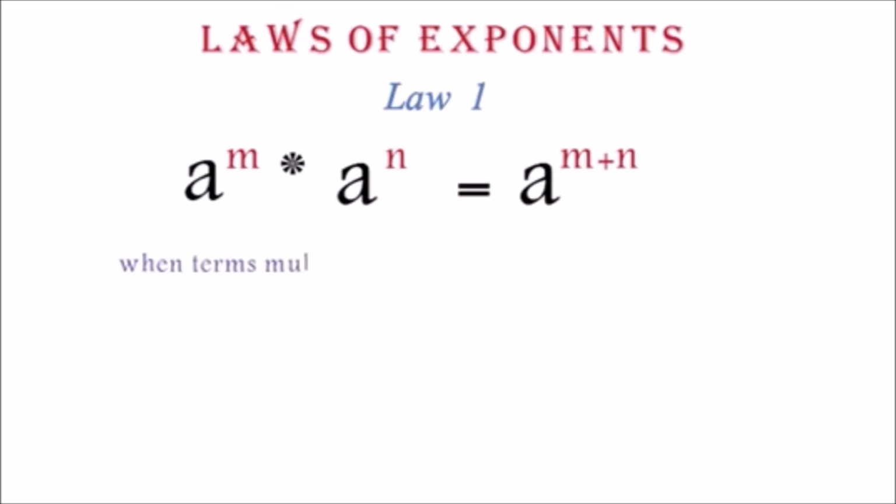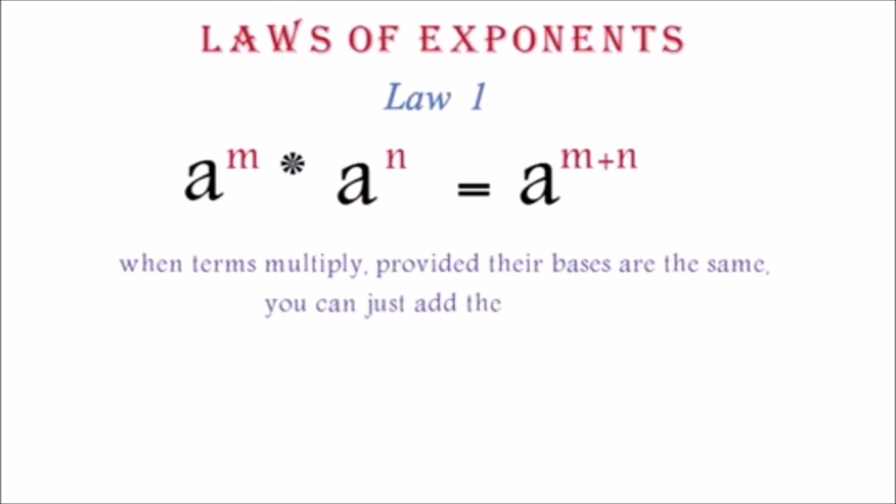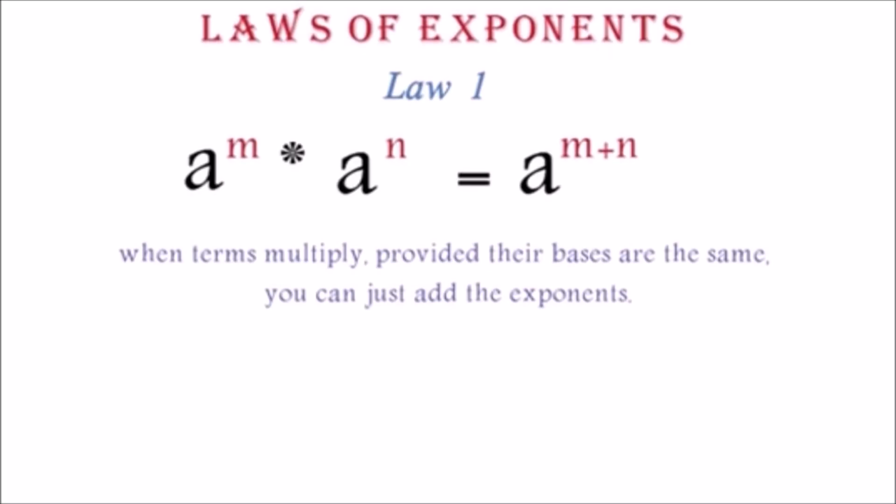Law 1. The first law states that a exponent m times a exponent n equals a exponent m plus n. The first law is saying that when terms multiply, provided their bases are the same, you can just add the exponents.